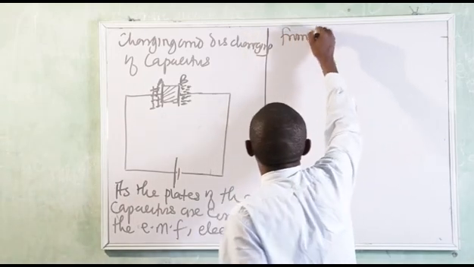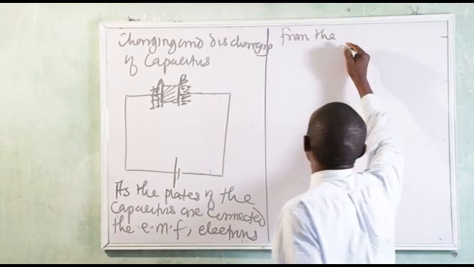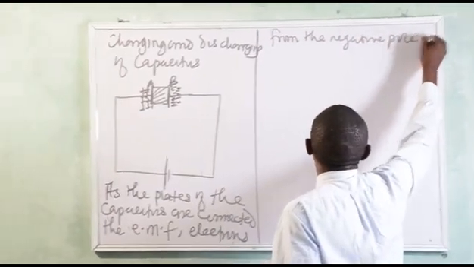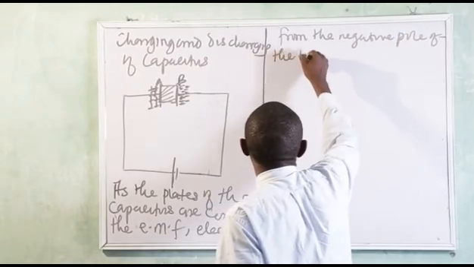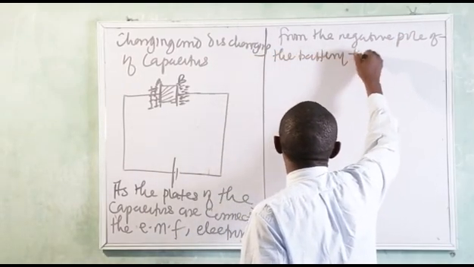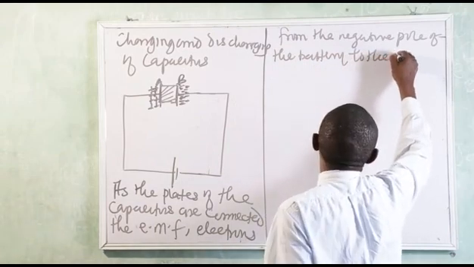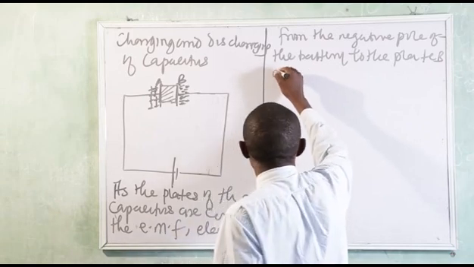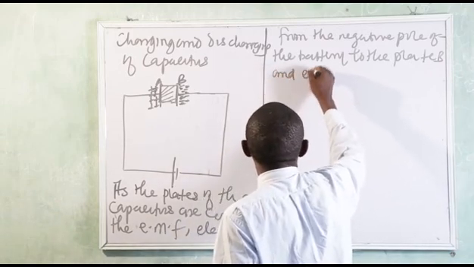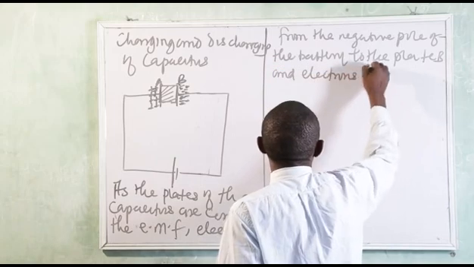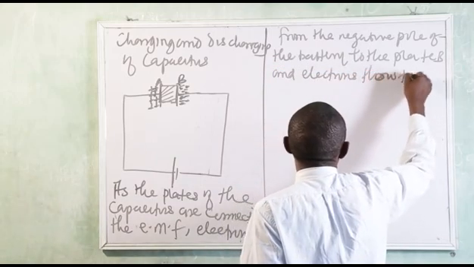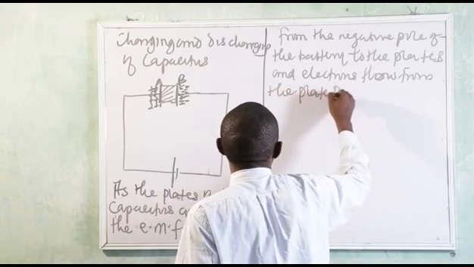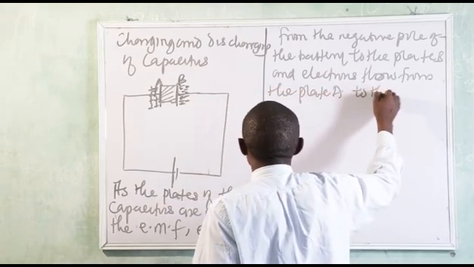Electrons flow from the negative pole of the battery to plate B, and electrons flow from plate A to the positive pole.